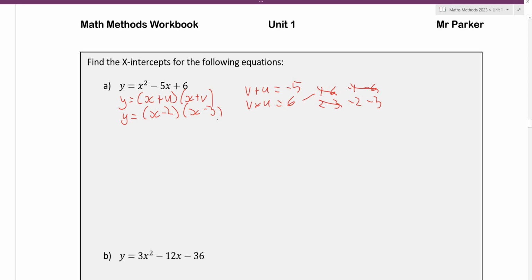Make sense, guys? Sorry? So the top one is v plus u, the bottom one is v times u. So if my first bracket is x minus 2, according to the null factor law, what do I need to make x to make the whole thing 0?